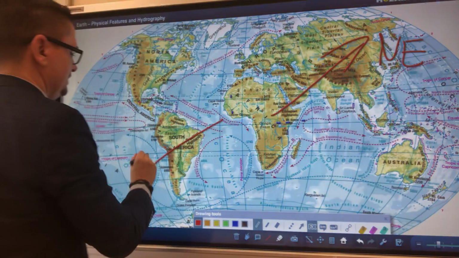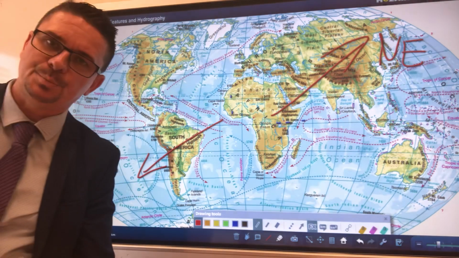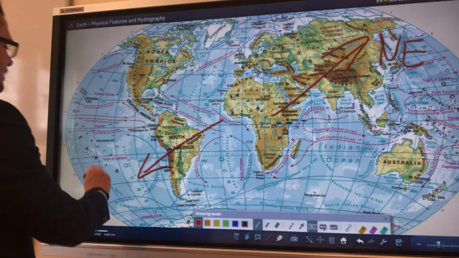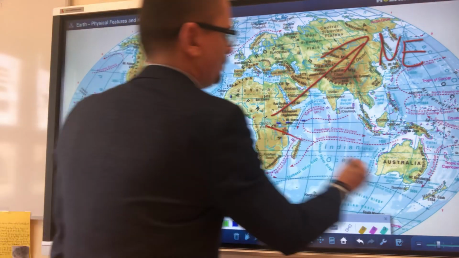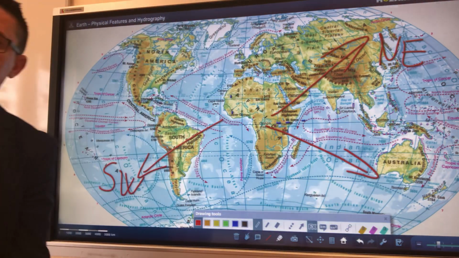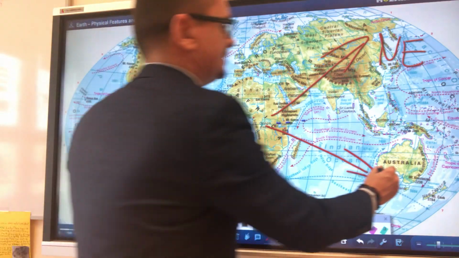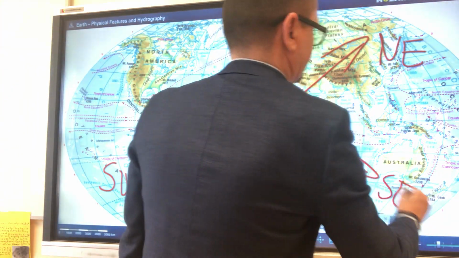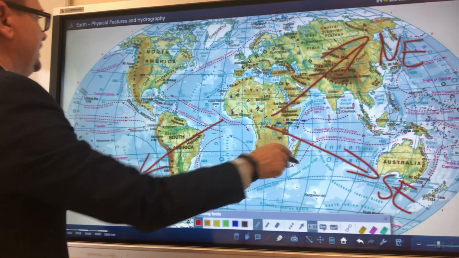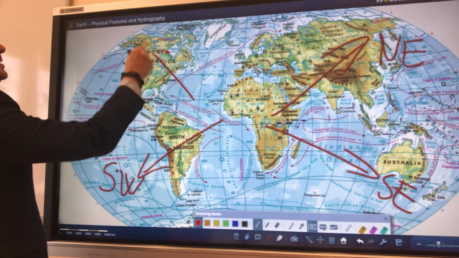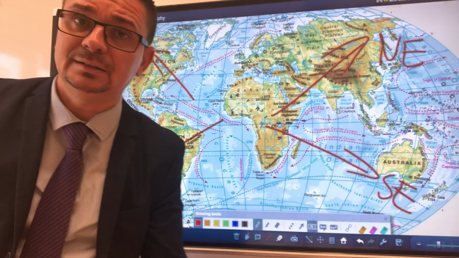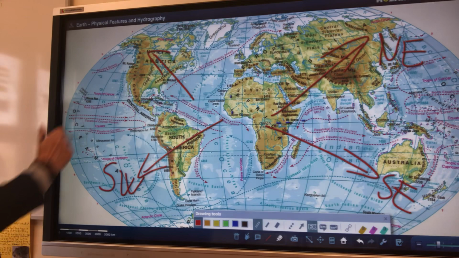What about this direction? Can you help me? Yeah, southwest. And this one? Southeast. Not south, not east either, in between the two. And the last one, the last intercardinal point is northwest.